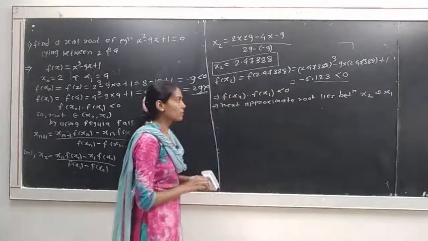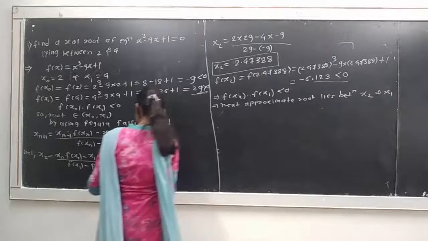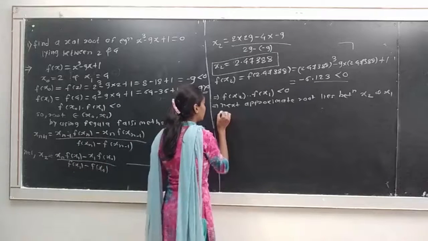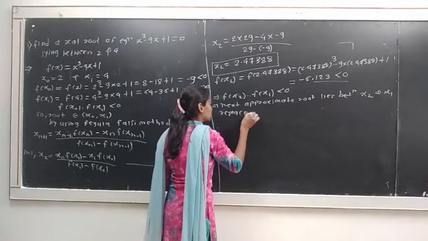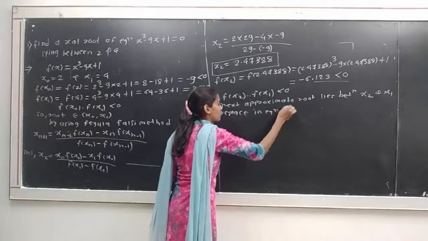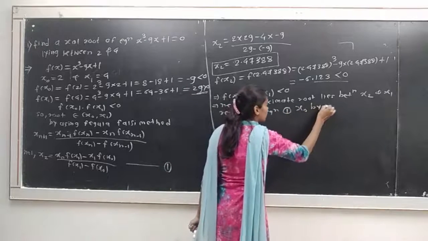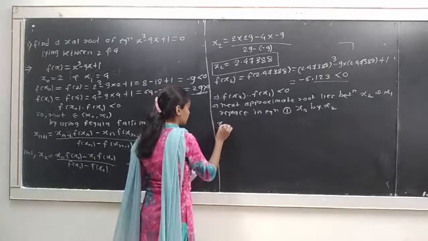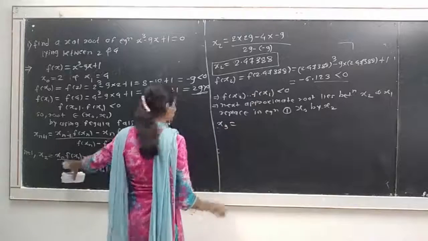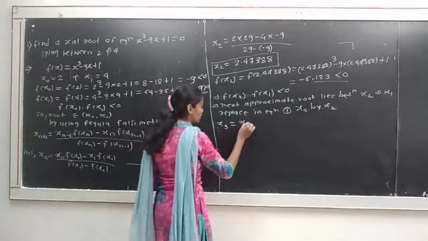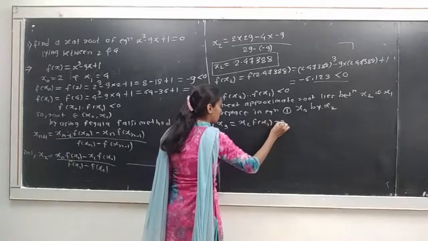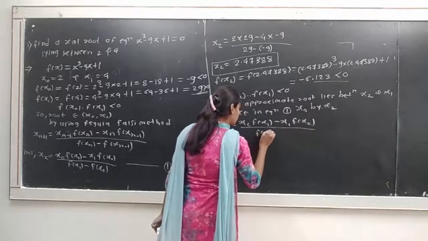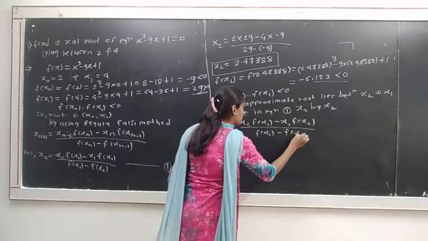So students, take this formula as equation number 1, then replace in equation 1 x0 by x2. Then we get the next approximation, that is x3 is equal to x2 f of x1 minus x1 f of x2 divided by f of x1 minus f of x2.